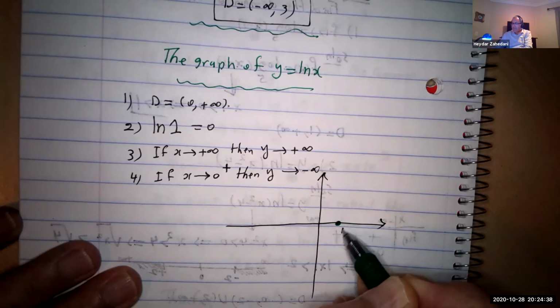This means if you get a point here, go to this line, equal distance, that gives you the other one. So we say that the graphs of e to the x and ln x are symmetric with respect to the line y equal to x. Again, you get more information in the future. So that's the nature of the graph of the function.